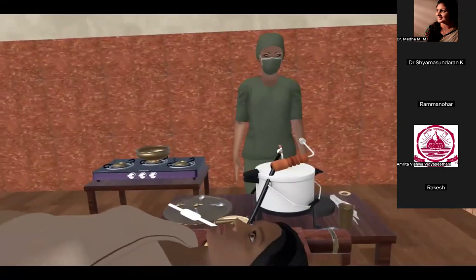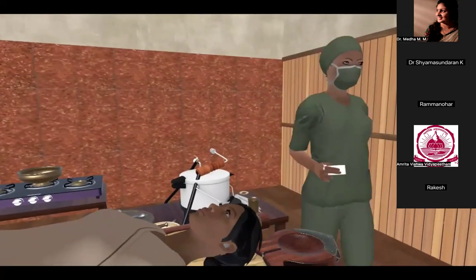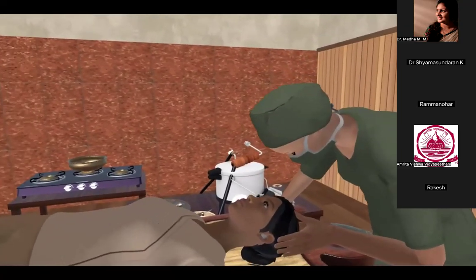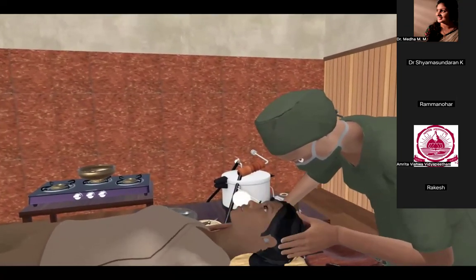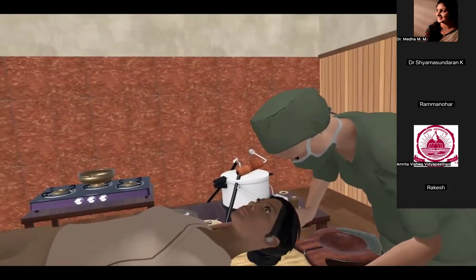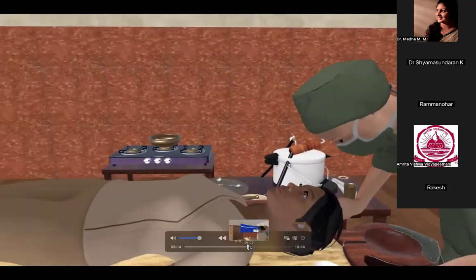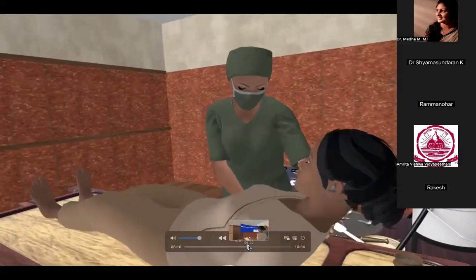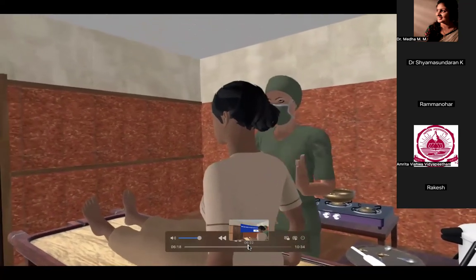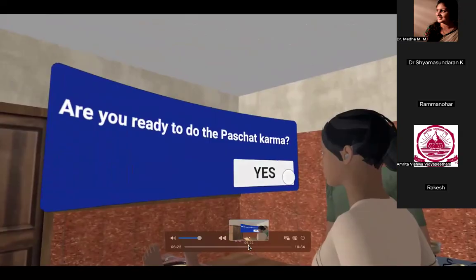Next the patient will be spitting out the medicine as well as the sputum. Then we will ask the patient to sit down and we will proceed to the Pashchat Karma.